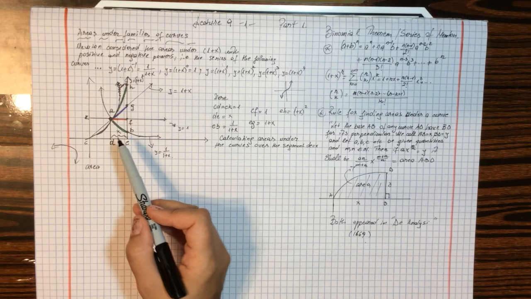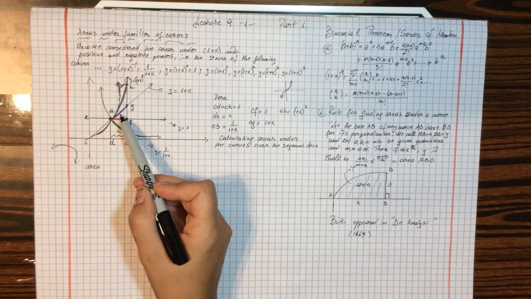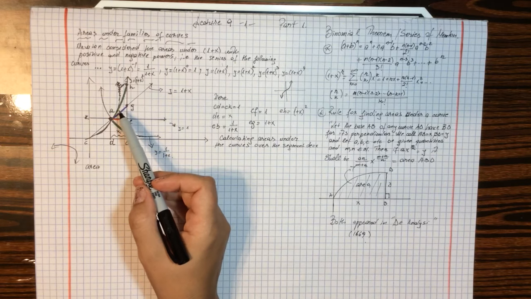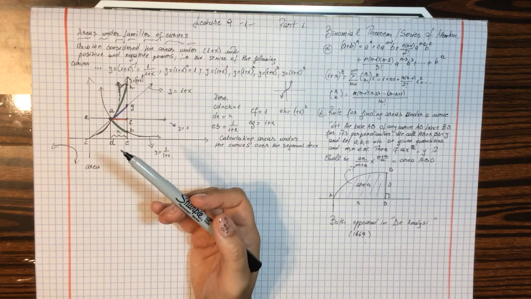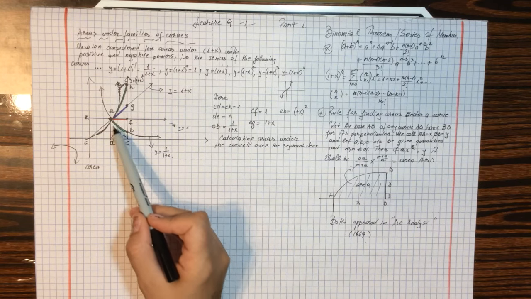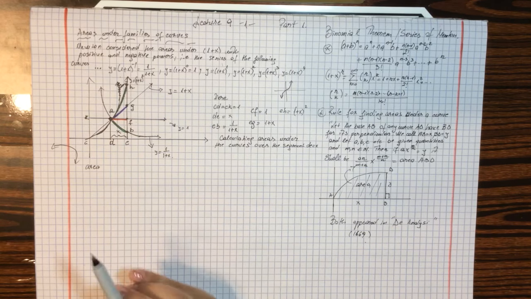So we are going to find out under the red, under this blue, under this green, and then we are going to tabulate the results and look for a pattern to say something about the area under this first green line over the segment DE. That's the plan actually.